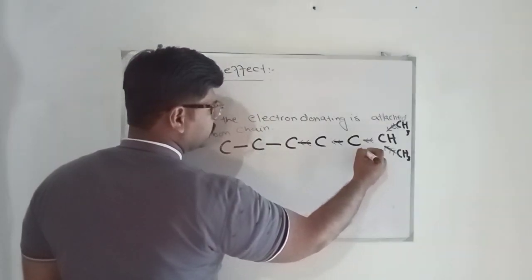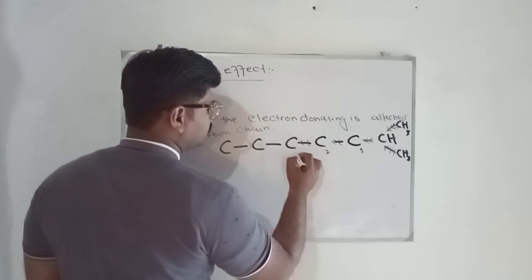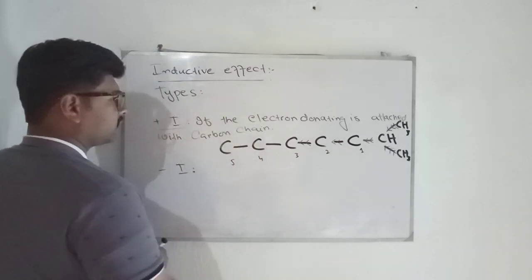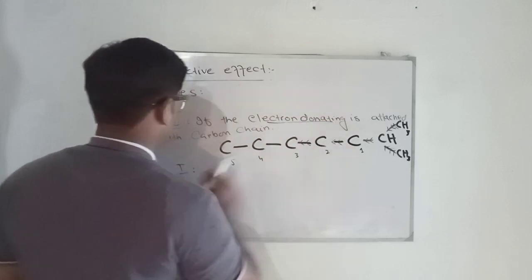Here we have C1, C2, C3, C4 and C5. So what are those electron donating groups?